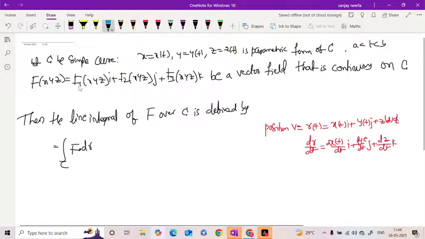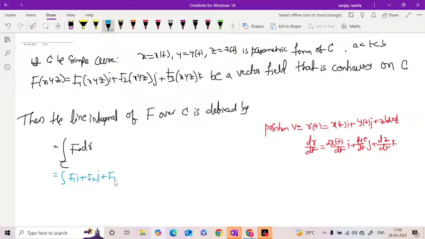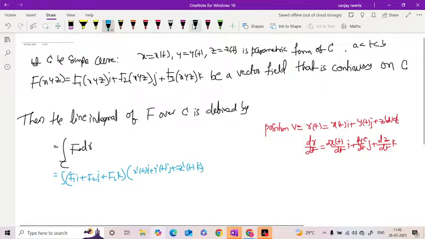Now after rewriting, what is our F? F is nothing but F1 i plus F2 j plus F3 k, dot dr, where dr is x dash t i plus y dash t j plus z dash t k.